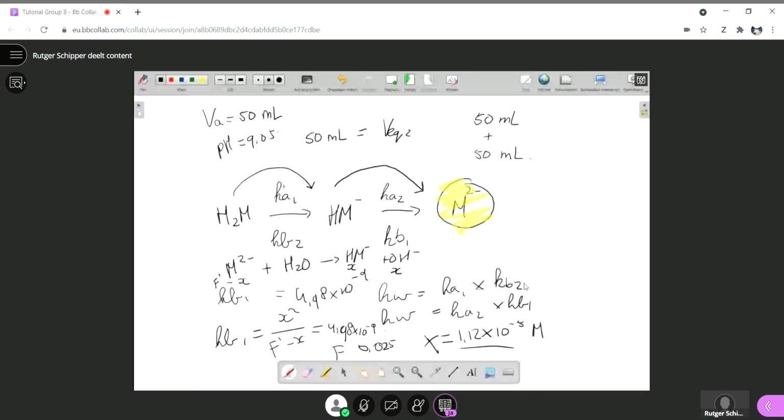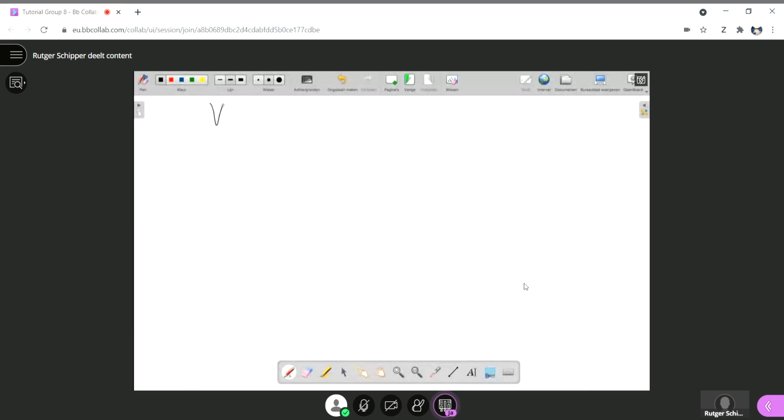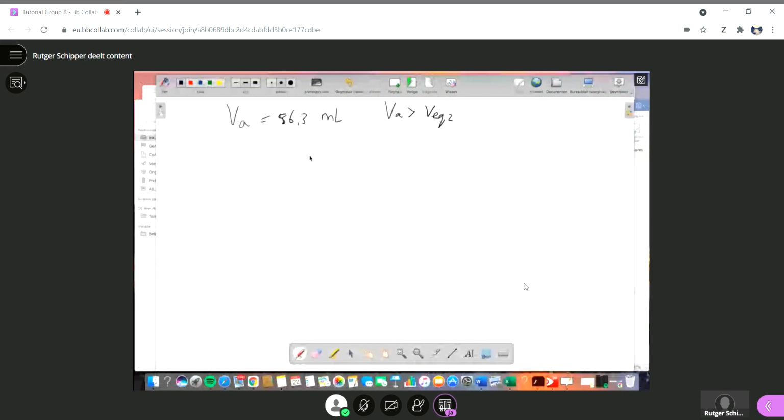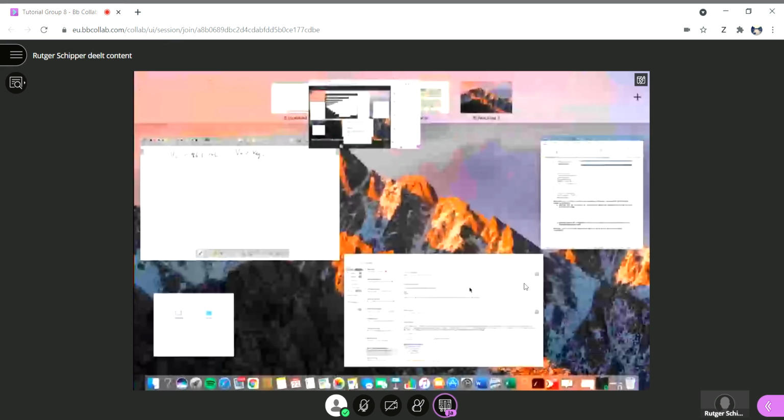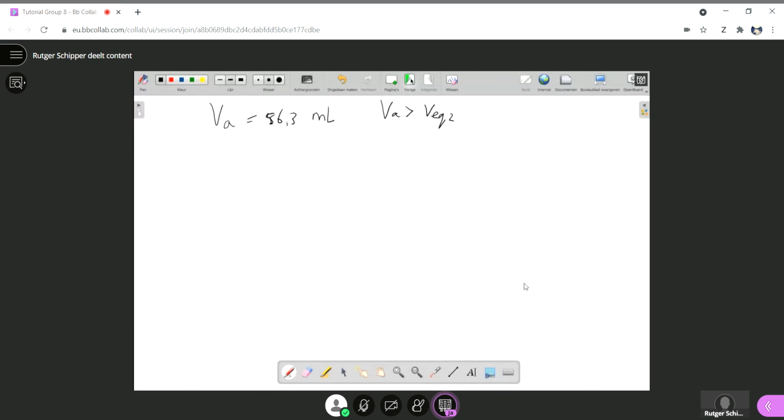Then there is the last one we will be discussing for this exercise, and that's when we have volume added 56.3. And that should be larger than the second equivalence point. So what was the formula again that we used when we add an excess of proton or hydroxide ions to the solution? Maybe I can skip back to the formula sheet.